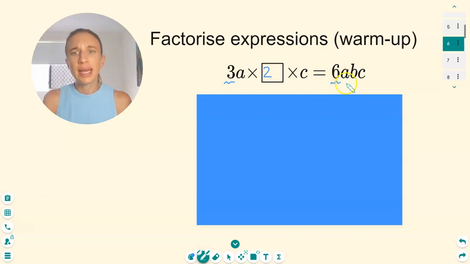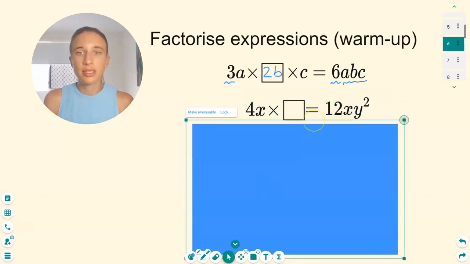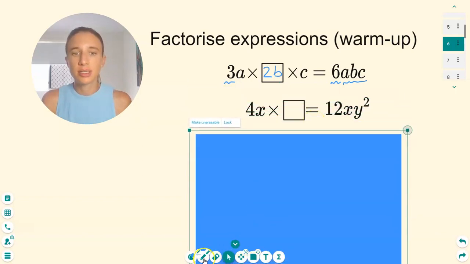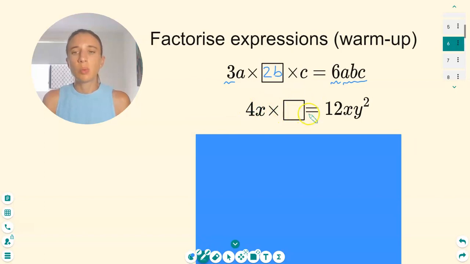Now, how can we get abc if we've only got ac? Well, we've got to get a b in there. So this is just a little warm-up for factorizing. All right. 4x times what gives me 12xy squared?